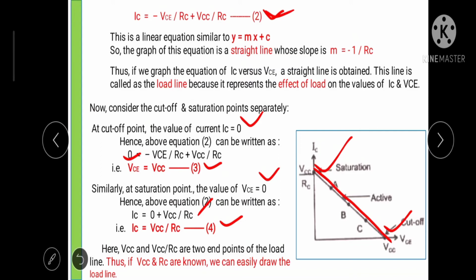Thus, if the values of VCC and RC are known to us, we can easily draw the load line. The exact center point of this load line is normally taken as the operating point or quiescent point. We will discuss this quiescent point in detail in the next slide.